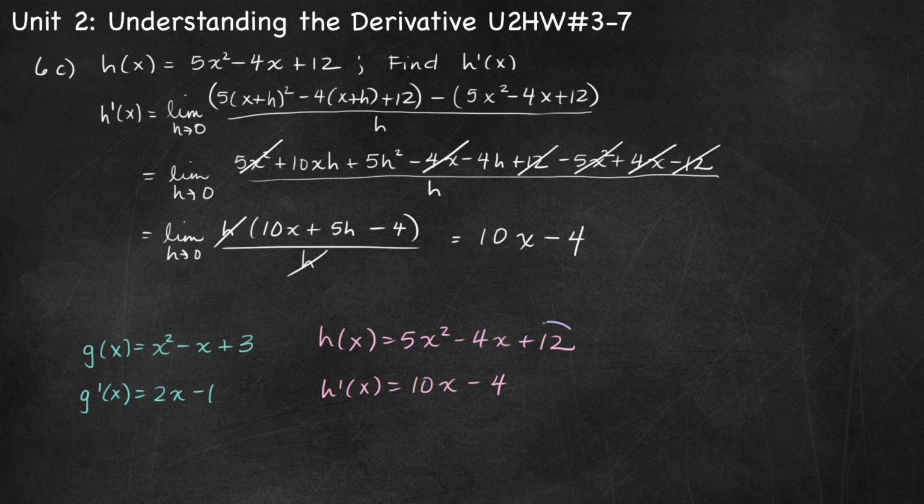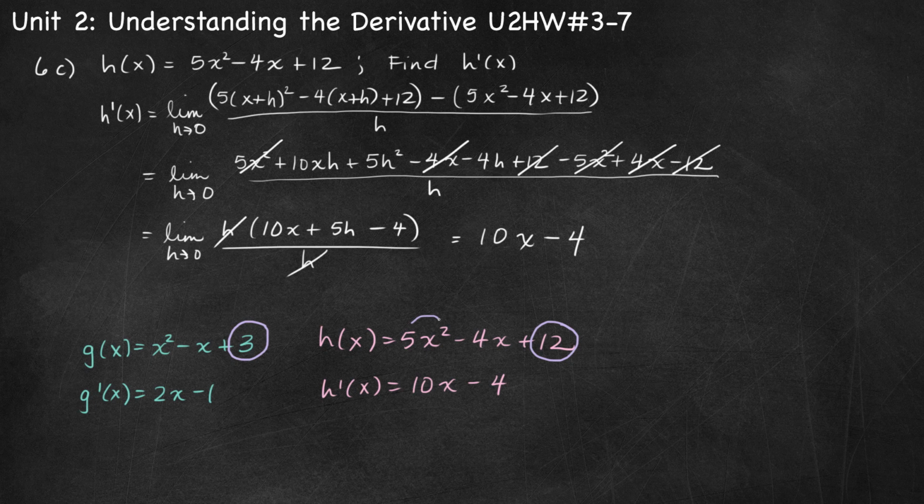Well, let's start with the 12. Here's 12, and I don't see 12 anywhere in my derivative, so that doesn't seem to have an effect. And the same is true over here with the 3. Here's a 3. I don't see a 3 anywhere in my derivative. That doesn't seem to have an effect. Now the 5 and the 4. The 5 I don't see right away in my derivative.